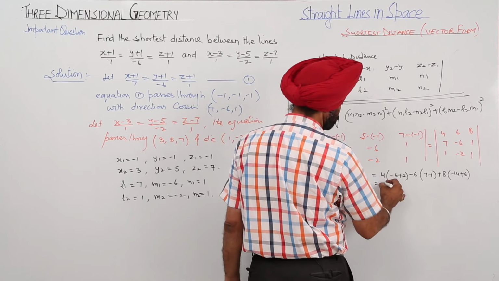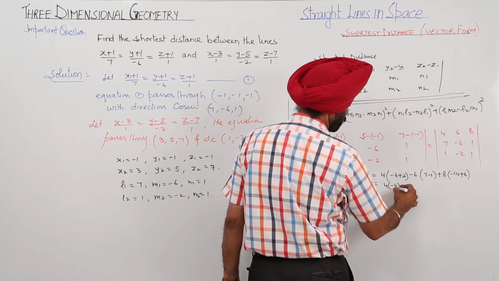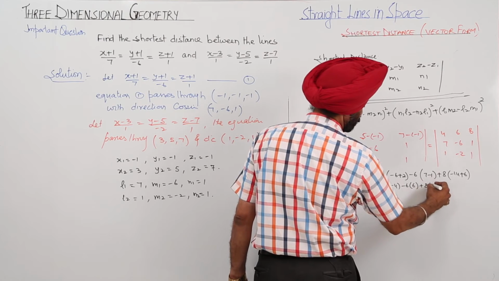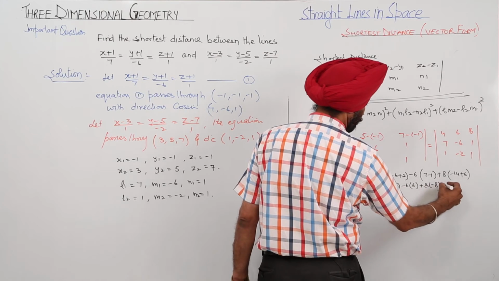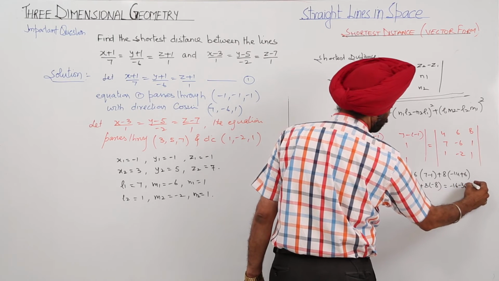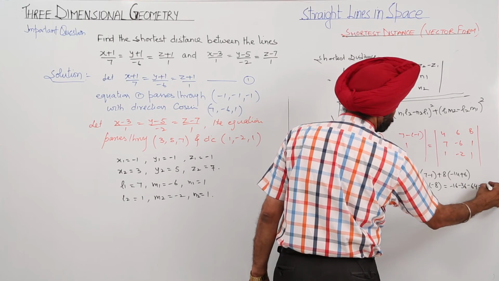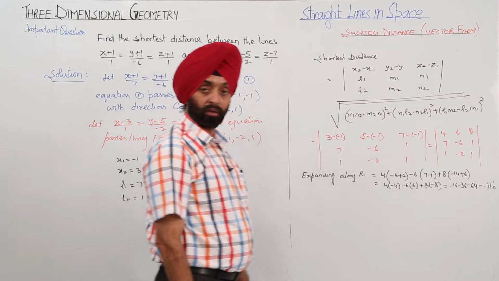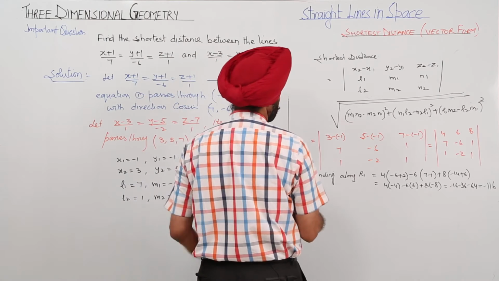This becomes 4 times (-4) minus 6 times 6 plus 8 times (-8), which is -16 - 36 - 64 = -116.